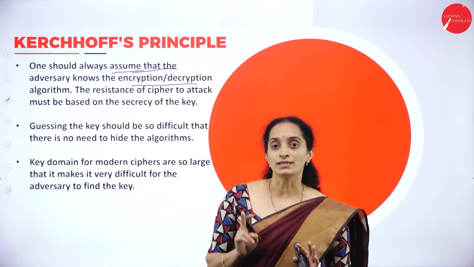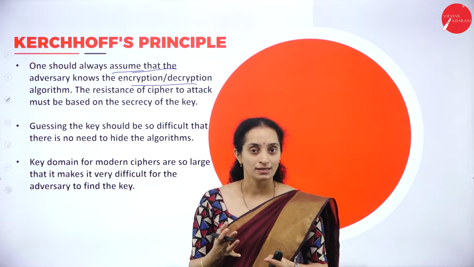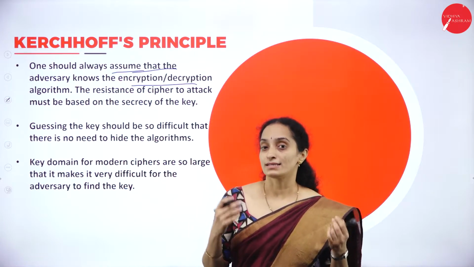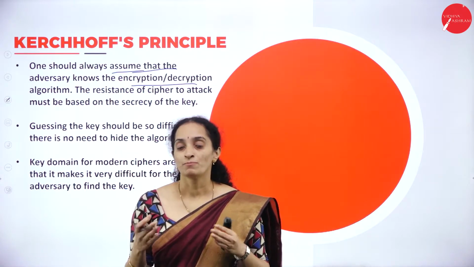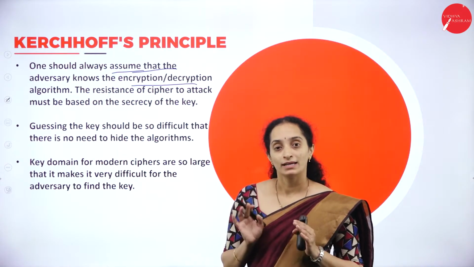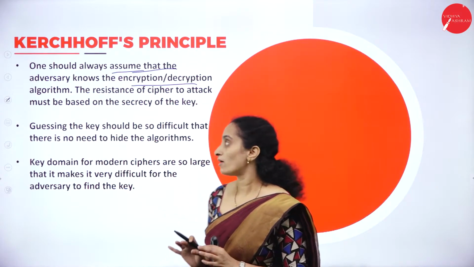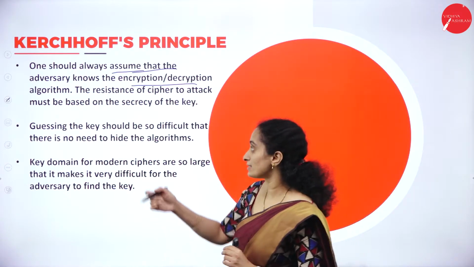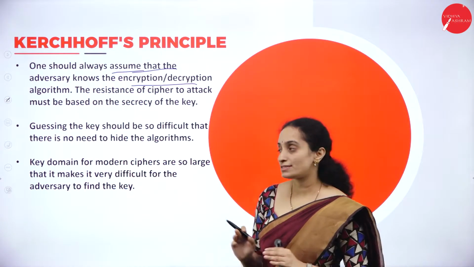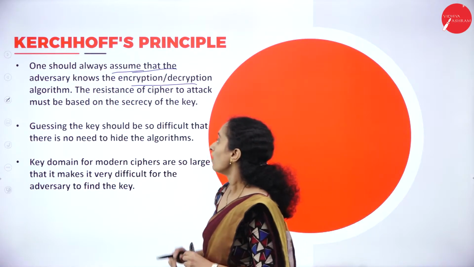If we assume that something dangerous can happen to us, we'll be cautious and take necessary measures to protect ourselves. This principle also suggests to the security developers who generate the ciphers that we have to assume that the adversary knows the encryption and decryption algorithm.